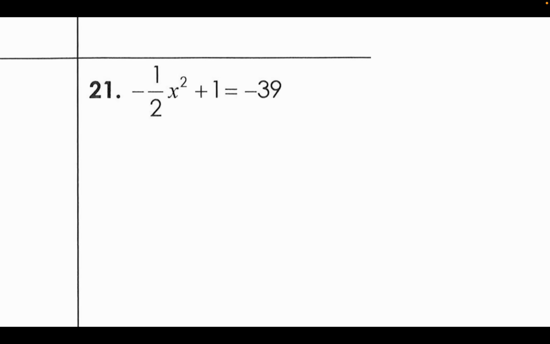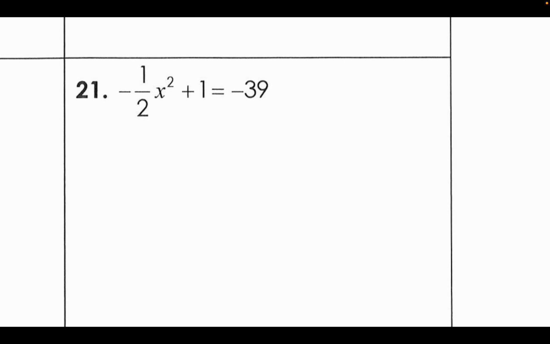Number 21. We have to undo the 1, and then we'll have to undo the multiplication of negative 1/2. And so I undo the 1 by subtracting it, and I get negative 1/2 x squared equals negative 40. And I will showcase the math that I'm doing here to undo the negative 1/2. We undo fractions multiplying with variables, not by dividing, but rather by multiplying by its reciprocal. And so I'll multiply by negative 2/1, where the negative is completely irrelevant. What matters is the fraction as a whole is negative.